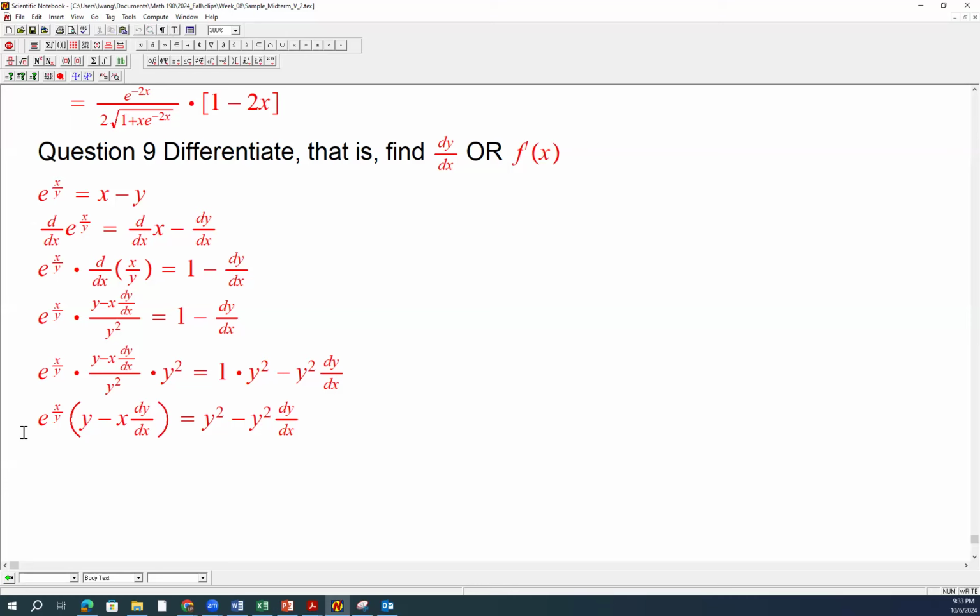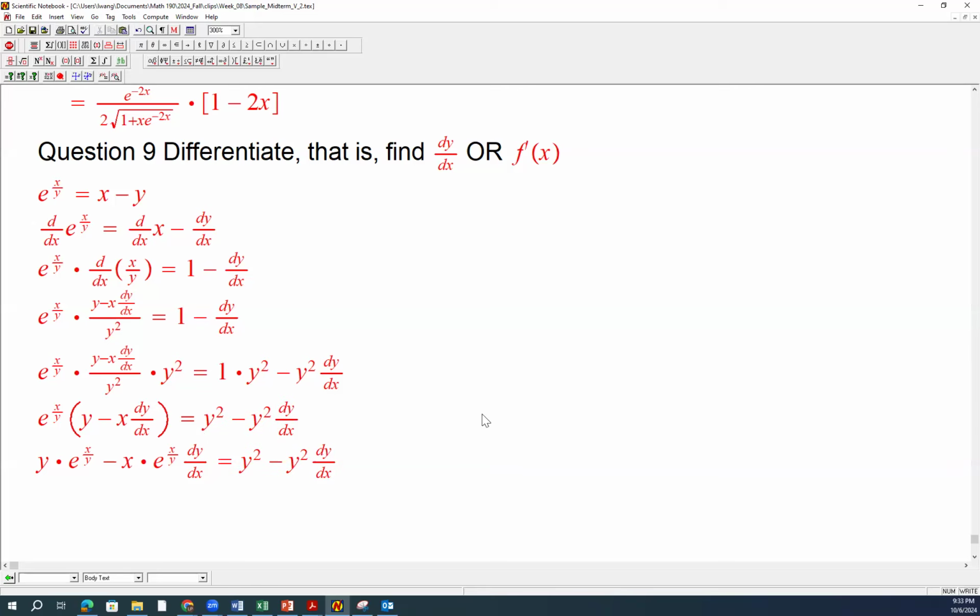So we're going to have to distribute e to the power x over y. So this piece is going to multiply, and multiply that. And the right-hand side doesn't change.